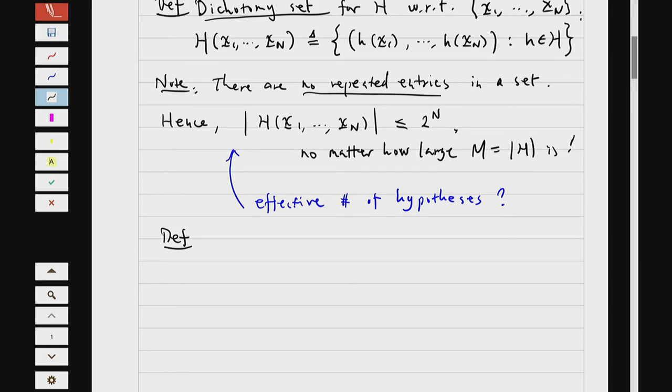Okay? We'll say the hypothesis set shatters the points x1 to xn if, in fact, this size here is exactly equal to 2 to the n. So it reaches the maximum, 2 to the n.